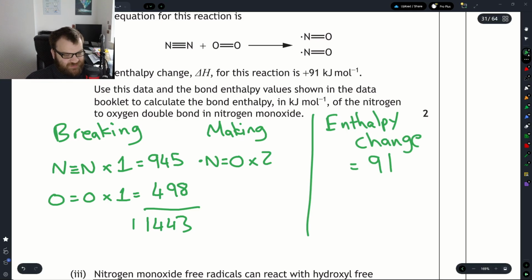This means that that's going to be a positive enthalpy change when you put energy in to break something. Making bonds releases energy, exothermic, so it'd be negative. But how we would do it is we would typically take our breaking number, so the one on the left, take away making. That gives you your enthalpy change.